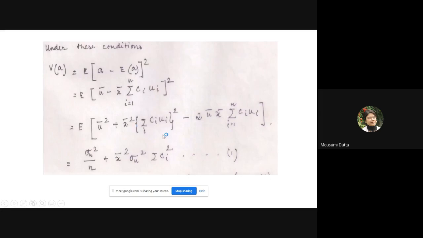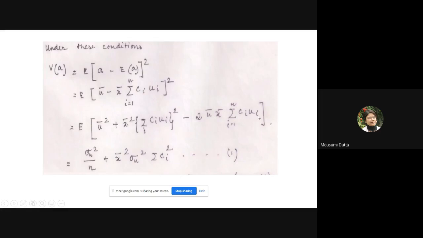So when you operate expectation, from the first part you will get x bar square sigma u square, and from the second part expectation of ui uj is equal to 0, so the second part will not be there. Whenever there is a series, you have to expand it to understand how, using the homoscedasticity and non-autocorrelation assumptions, we are getting the actual values. From this expansion you will have summation Ci square.